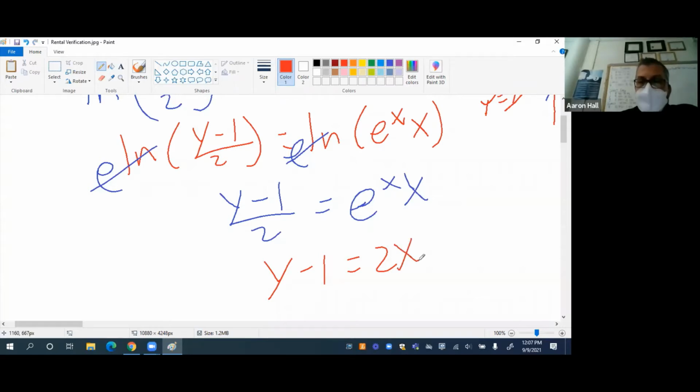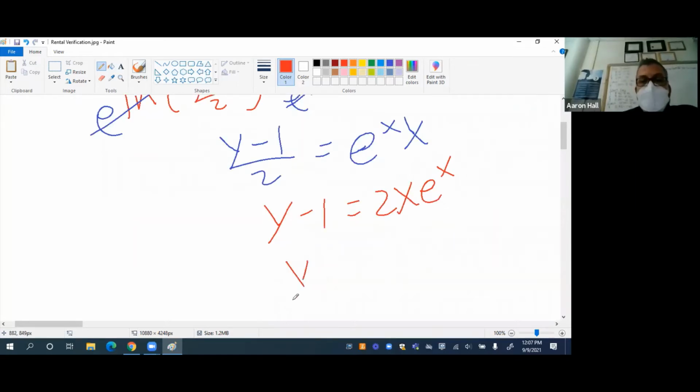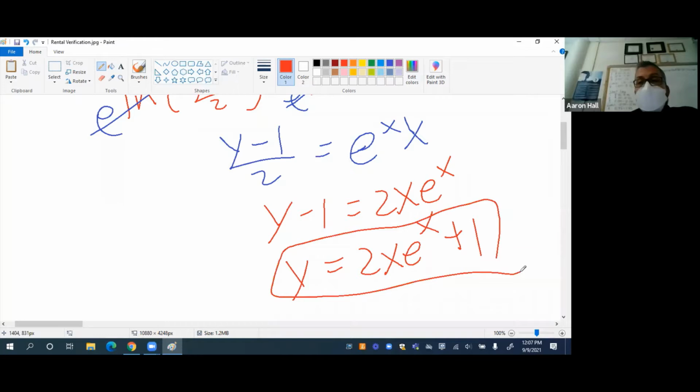Now what? Add 1 to both sides. So I have y equals 2 times x times e to the power of x plus 1. Was that a choice? Yes. There you go.